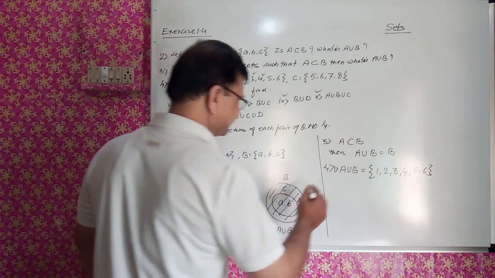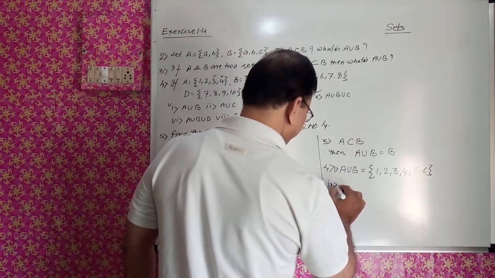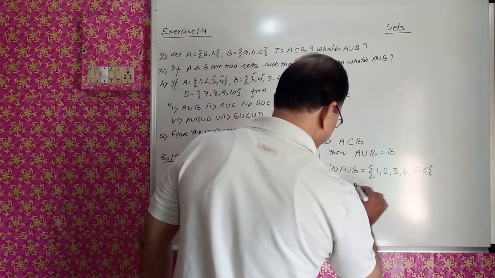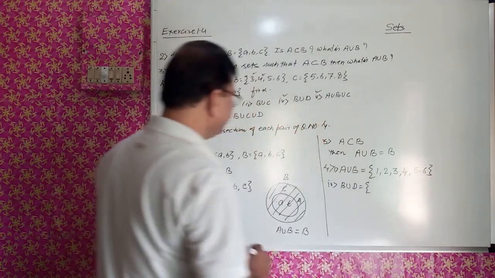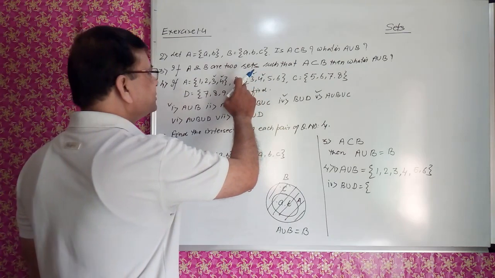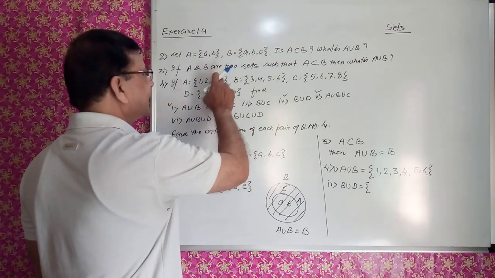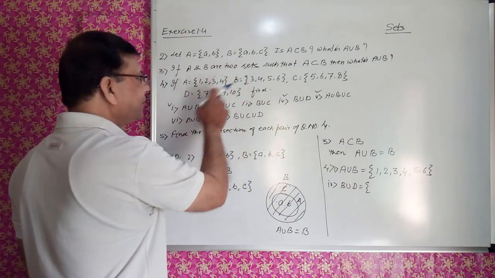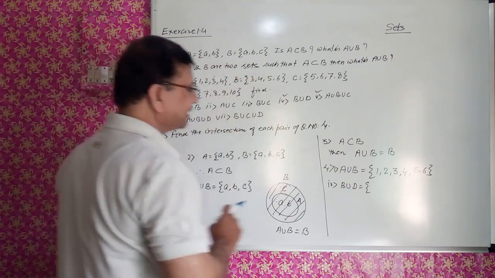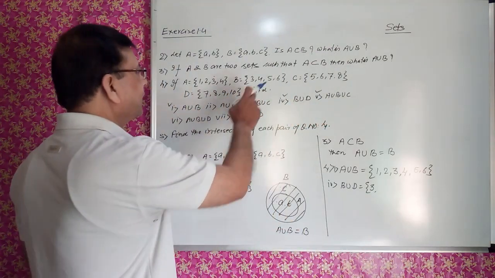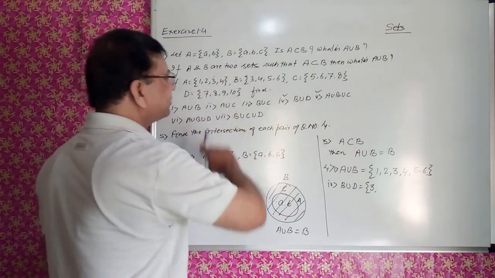That is the fourth part. Fourth one, B union D. See, this is B and this is D, right? So first element I will write of B, that is 3. Is 3 there in this? No. Then we will get 4.